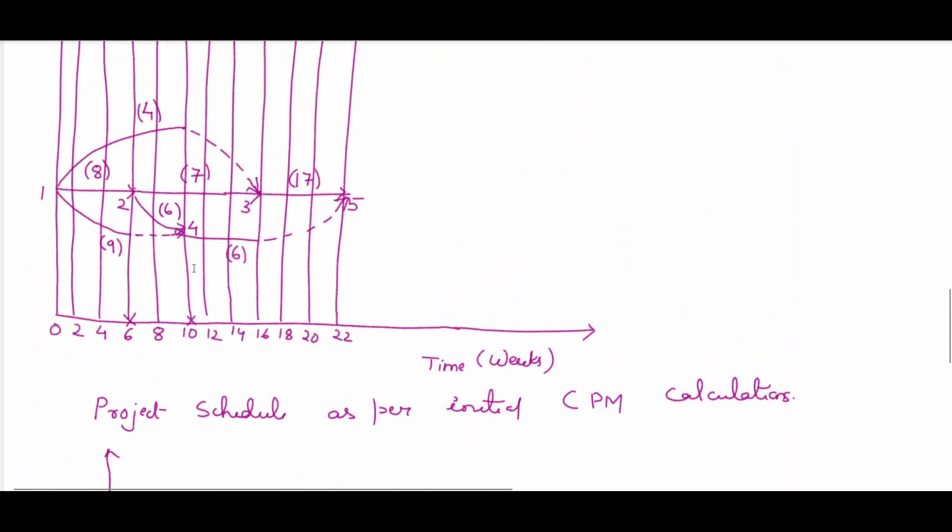Next, let's see, up to 10 we have completed. Then it is up to 16. 16 we have completed at node 3. At 16 we are having only 2, this is 4, this is 4 plus 7, it is a dotted one, so we cannot add it up.